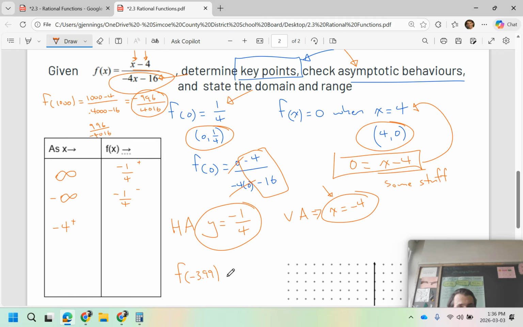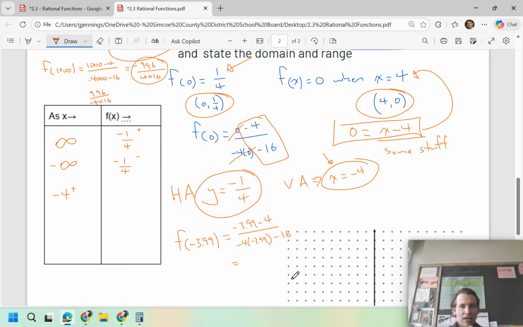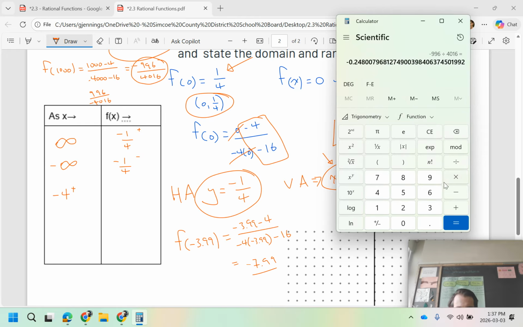Okay, so f at negative 3.99 is going to be equal to negative 3.99 minus another 4, all over negative 4 times negative 3.99. I recognize that's going to be positive, minus 16. I get this is equal to negative 7.99 over, well, what is that bottom? I don't know what the bottom is, so I'm going to evaluate the bottom.